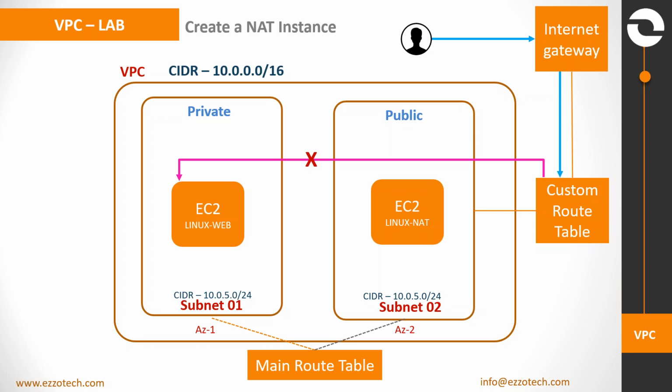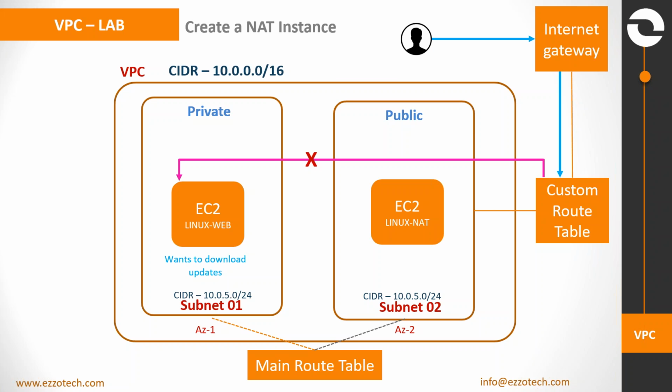Okay. Now let's take another scenario here. My EC2 instance in the private subnet wants to download some updates. If it wants to download any updates, it must be connected to the internet, right? So it should be able to communicate to the internet so that it can download the packages.